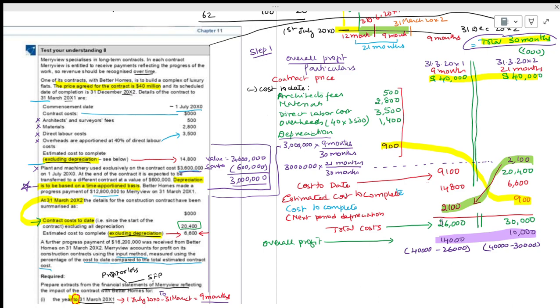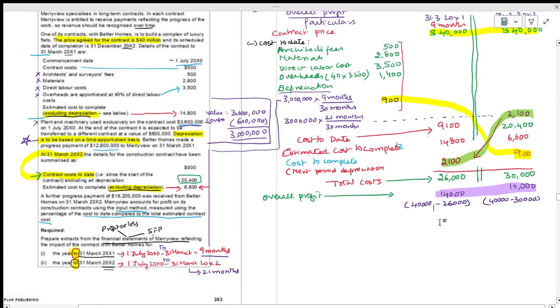Somewhere we are going to cover again, then I will focus in much more detail. Now you can understand, depreciation is a little bit critical here. We have done overall profit. Now, what is step 2?